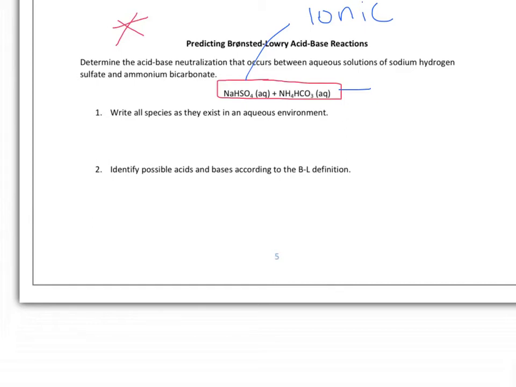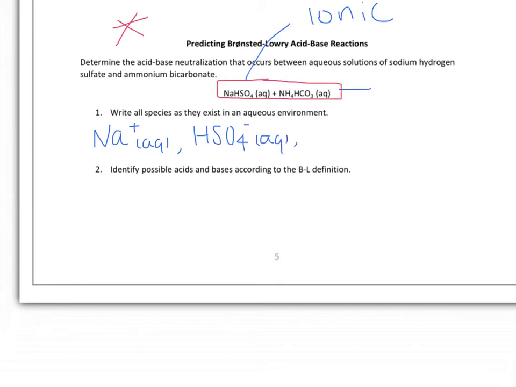So in step 1, instead of writing NaHSO4, we are going to write the fact that in aqueous environment, this ionic compound will dissociate, and it actually contains Na positive, aqueous, and HSO4 negative, aqueous.